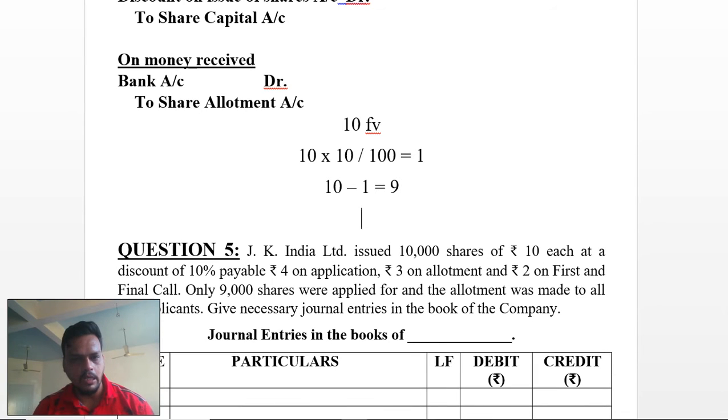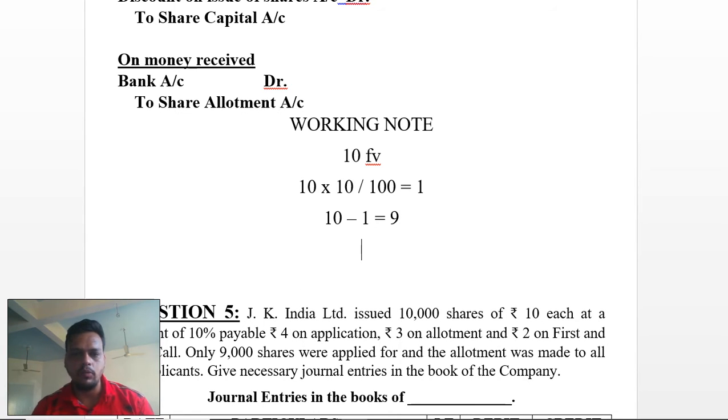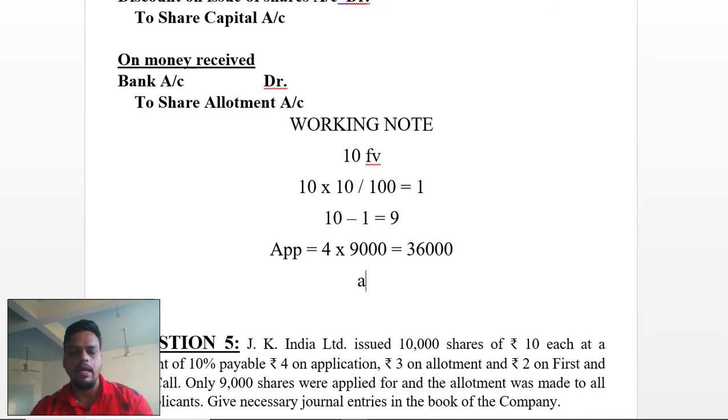So before starting, I'll do my work, as we have to complete first a pattern. After that we can go with the certain things. At application you have to take 4 rupees. Okay, 4 into 9,000 shares is equal to 36,000 you have to receive on application. Then on allotment you have to take 3 rupees.